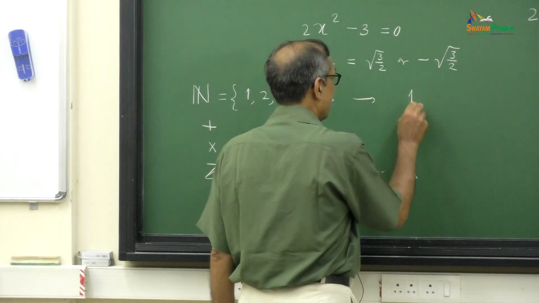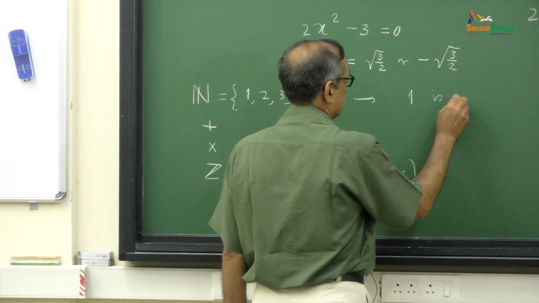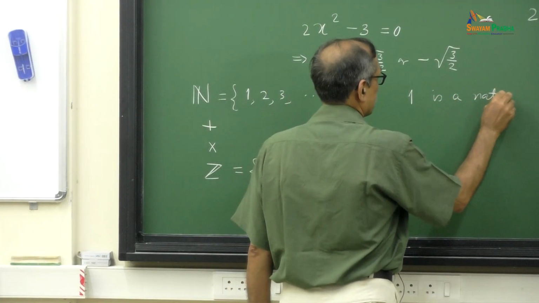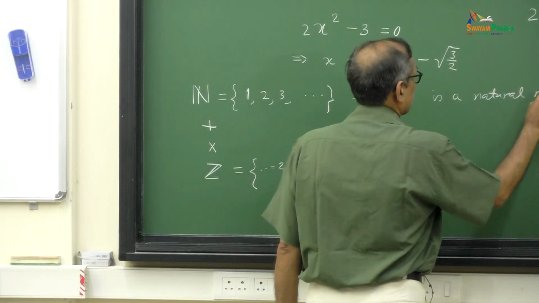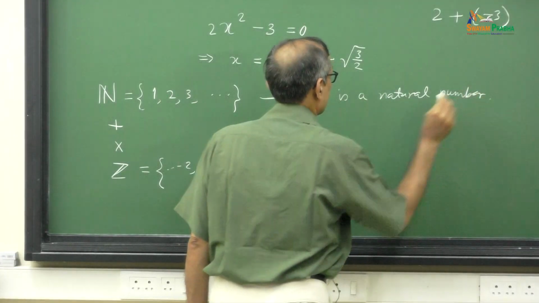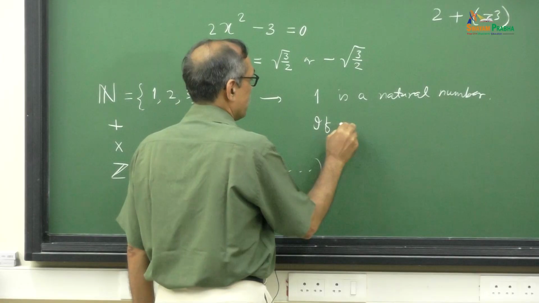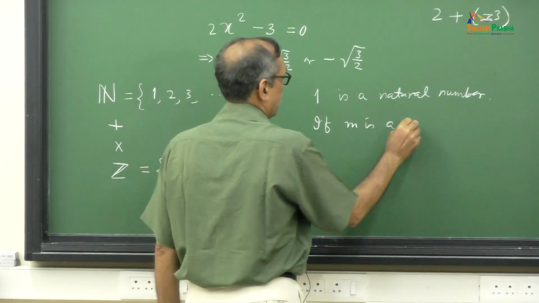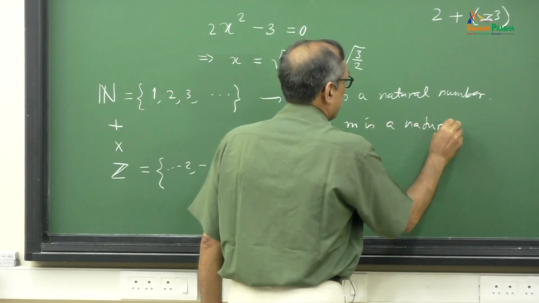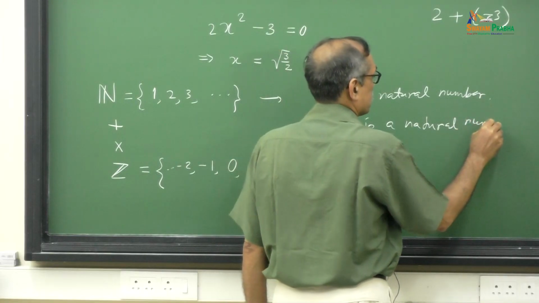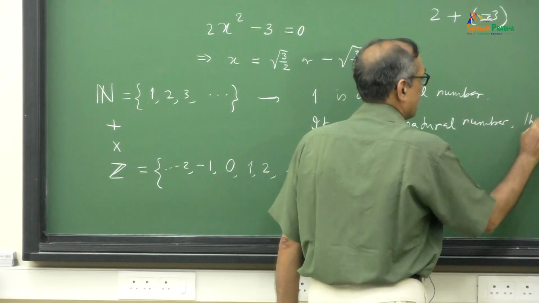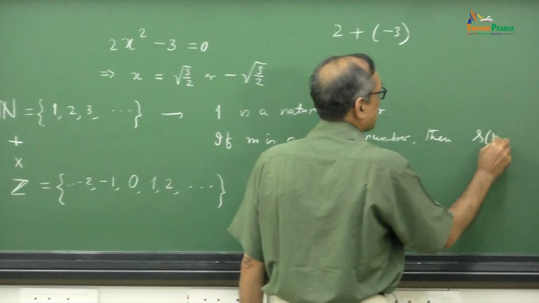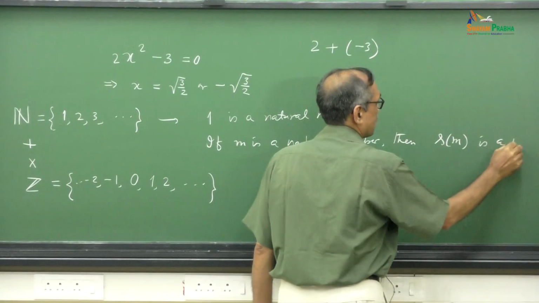We will say 1 is a natural number. Then we will say if m is a natural number, then next to m is a natural number.